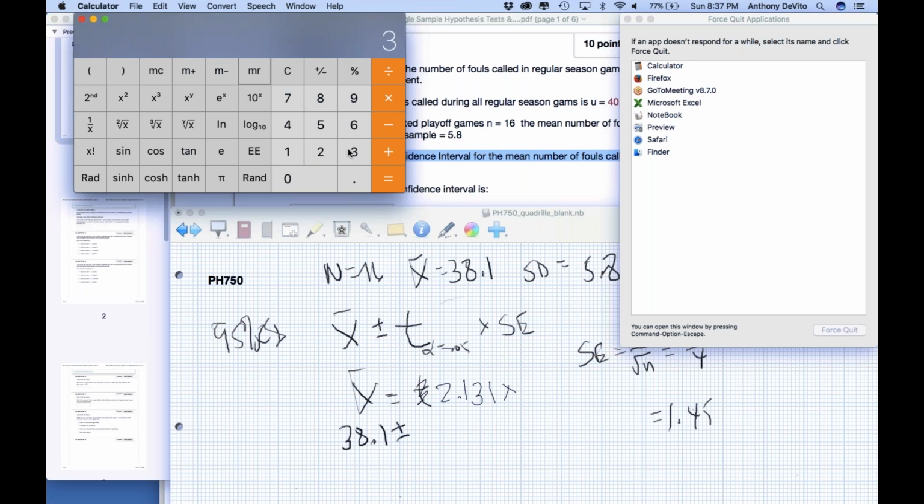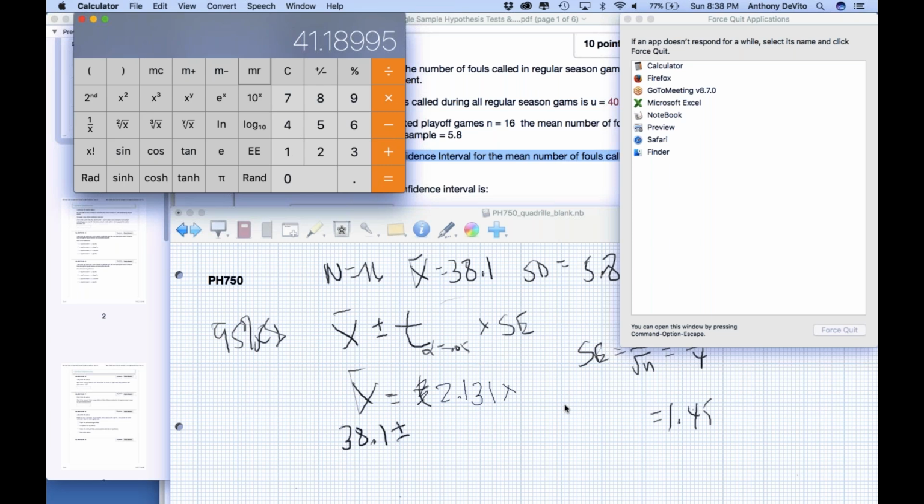So let's add and subtract that. 38.1 minus my margin of error is 35, and plus my margin of error is 41.